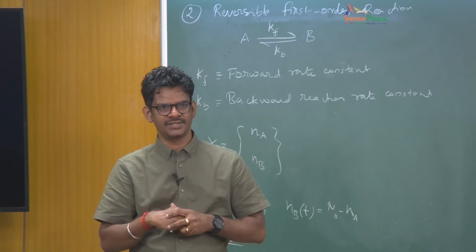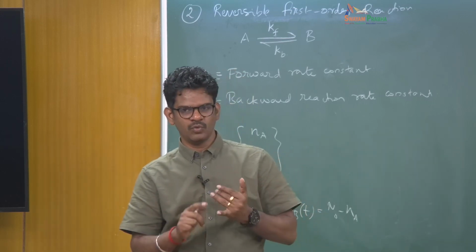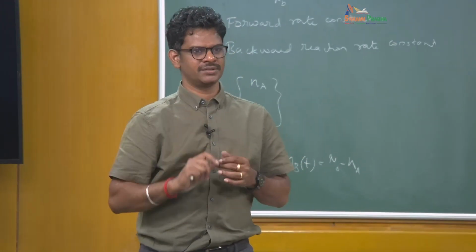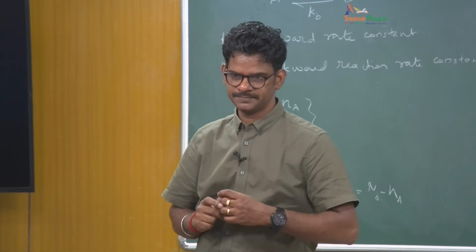Okay, so we say that this reaction is looked upon at a particular time scale where at any given time only one reaction can happen, and that's true. It can change the number by a unit. It can increase the number by 1 or it can decrease the number by 1.